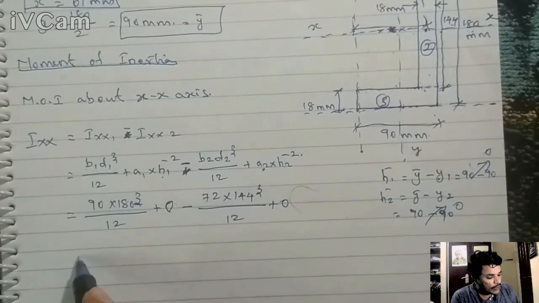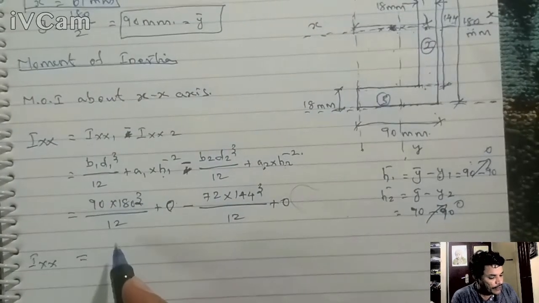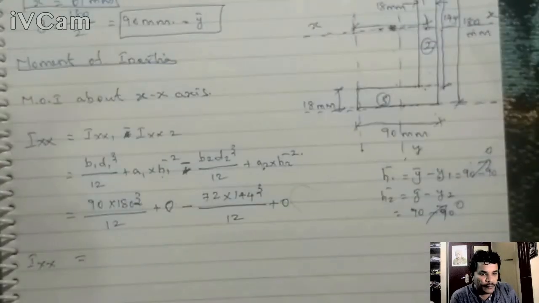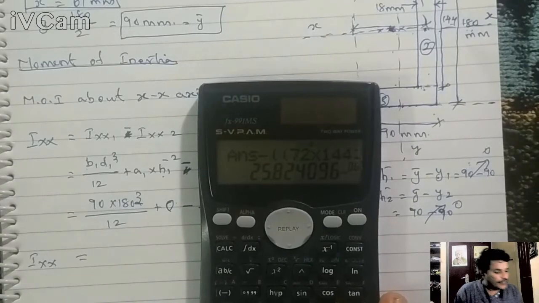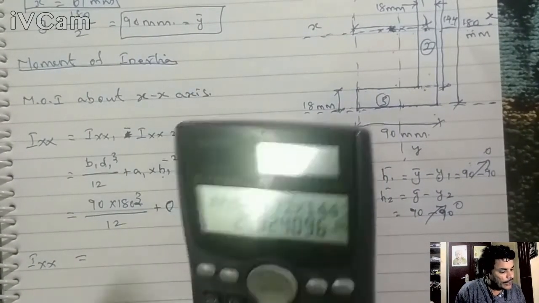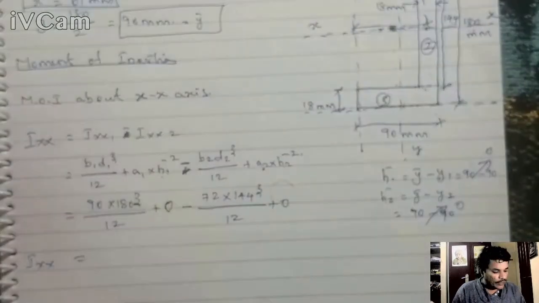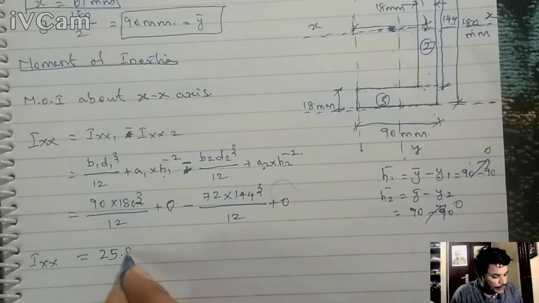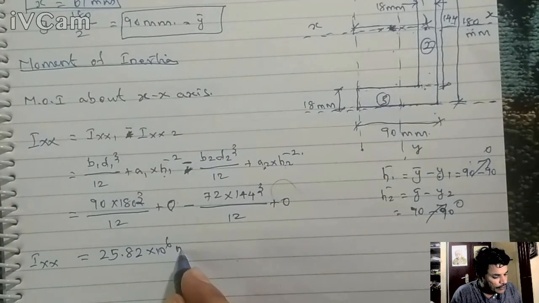You need to calculate these two values and you will get Ixx, the simplest way. So I got the moment of inertia about the x axis as 25.82 into 10 power 6 mm power 4.